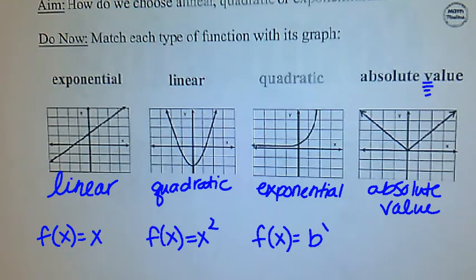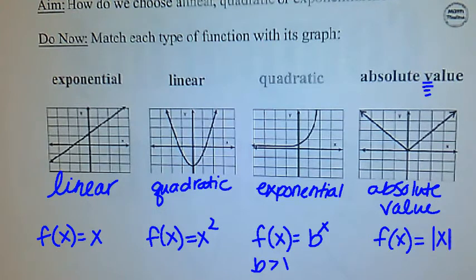And this would be b to the x. Remember, b needs to be greater than 1. And the absolute value f of x is equal to the absolute value of x.